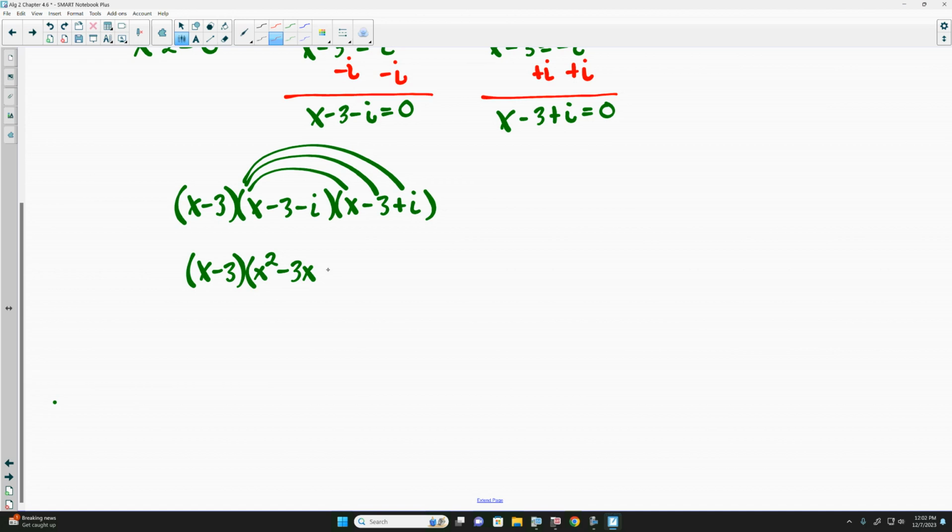And x times i would be plus xi. Our next step would be distributing the negative 3. Negative 3 times x, negative 3x. Negative 3 times negative 3 would be plus 9. And lastly, negative 3 times i is negative 3i.